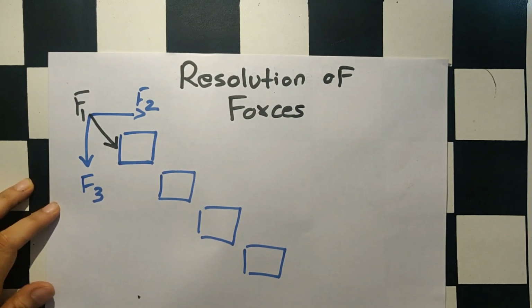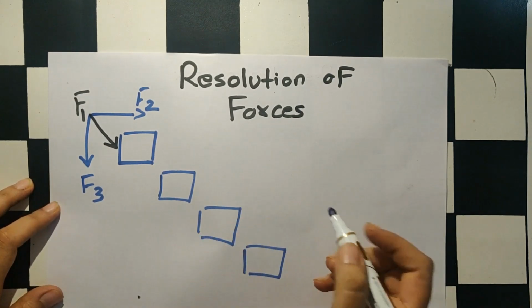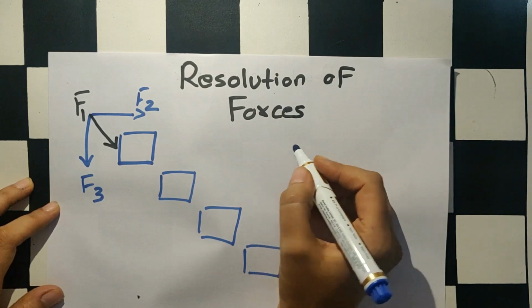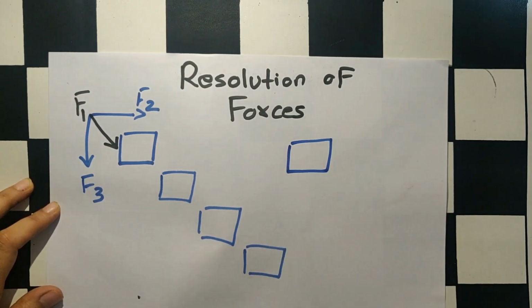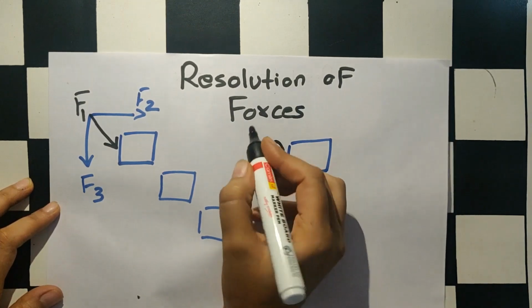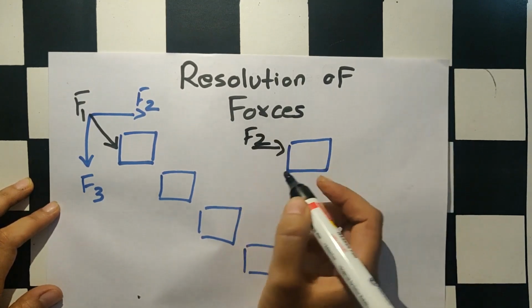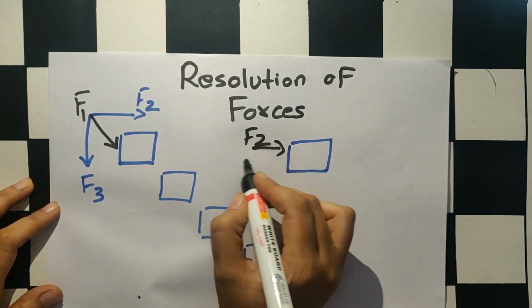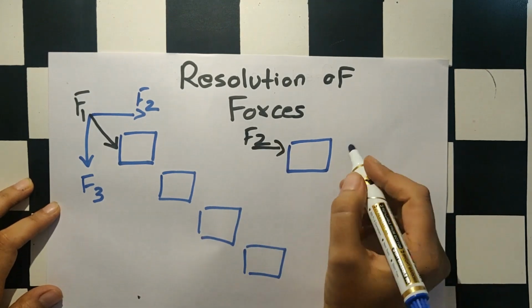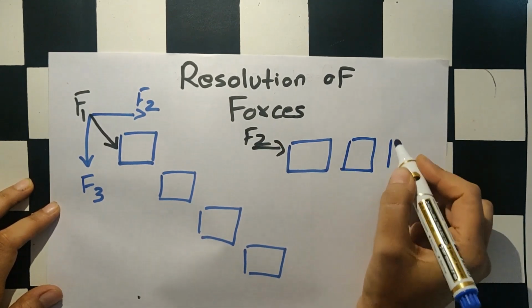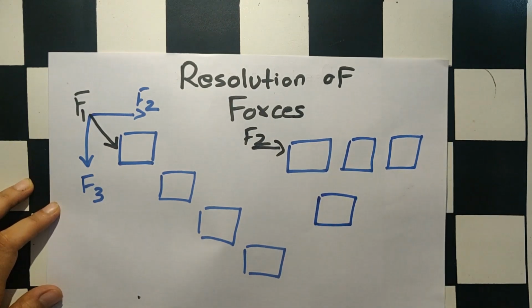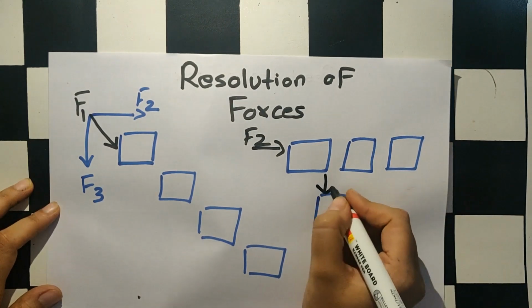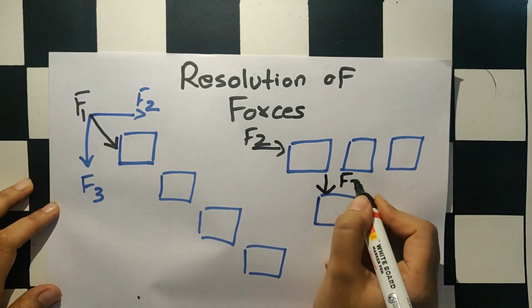Now I will make you understand in a better way. Let us understand it in a simpler way. Suppose there's an object and you just apply the force F2, a horizontal force with magnitude F2. What will happen? This block will move in this direction. And suppose to the same block you just apply a vertical force F3.